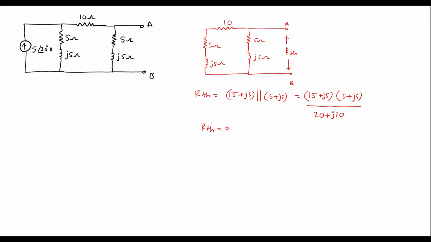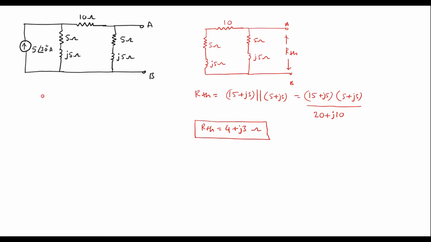Therefore RTH is equal to 4 plus J3 ohms. So this is Thevenin's equivalent. This is RTH.